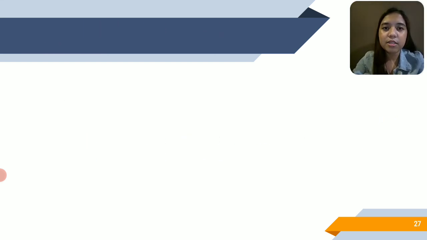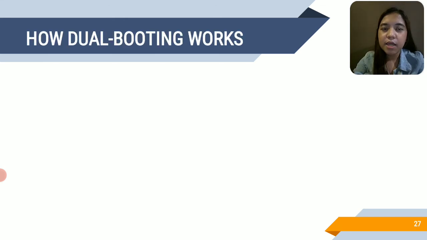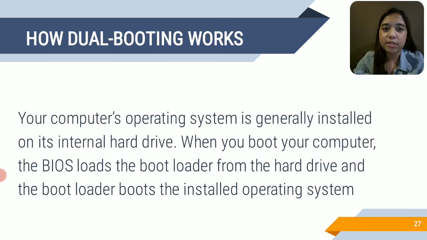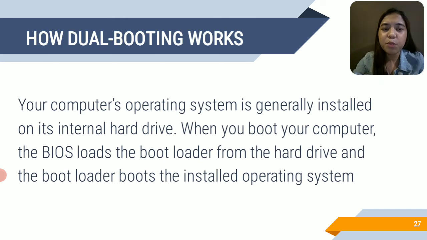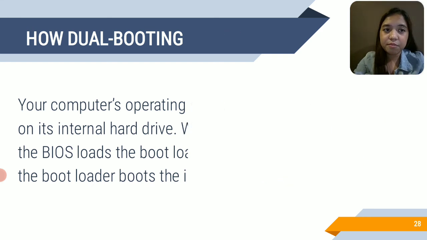Okay, for the next topic, we do have how dual booting works. Your computer's operating system is generally installed on its internal hard drive. So when you boot your computer, the BIOS loads a boot loader from the hard drive, and the boot loader boots the installed OS.